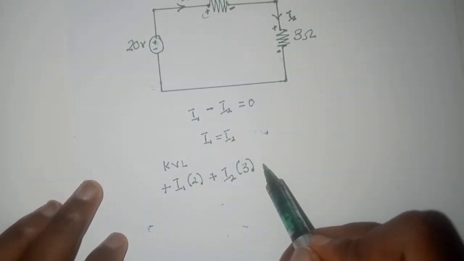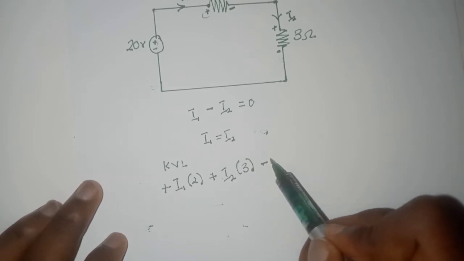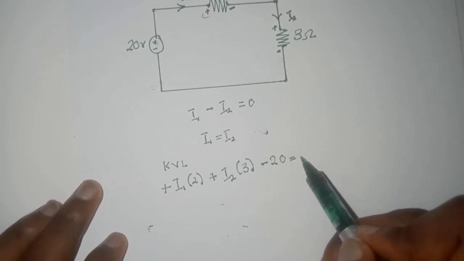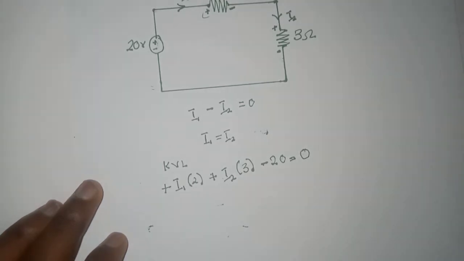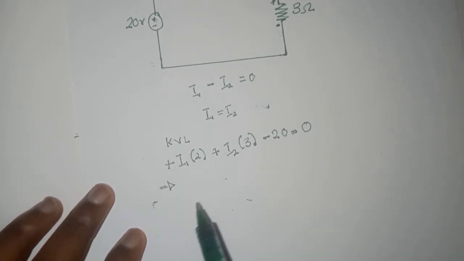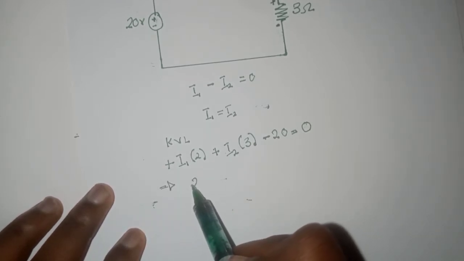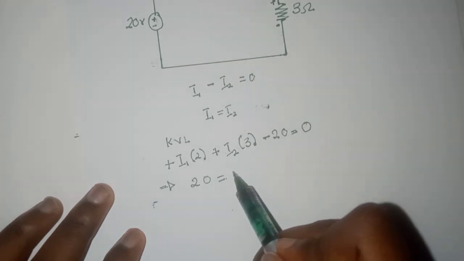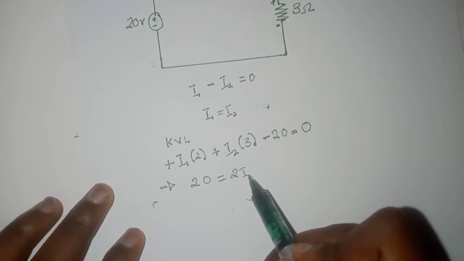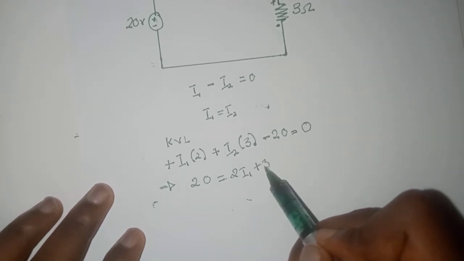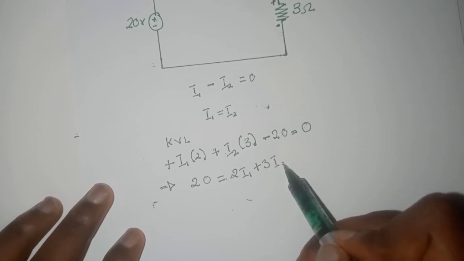So for that reason, you get minus 20 equals 0. This implies that 20 is equal to 2I1 plus 3I2.